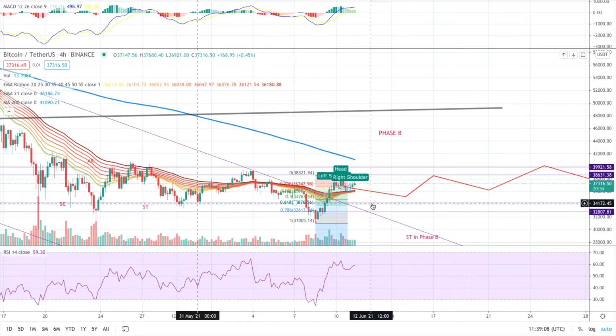But in terms of the overall industry, I don't think we're at the end of the bull cycle. And if we're not at the end of the bull cycle, then Bitcoin is in an accumulation zone.